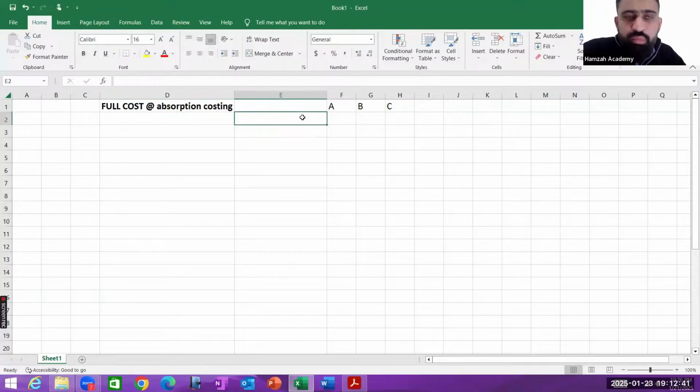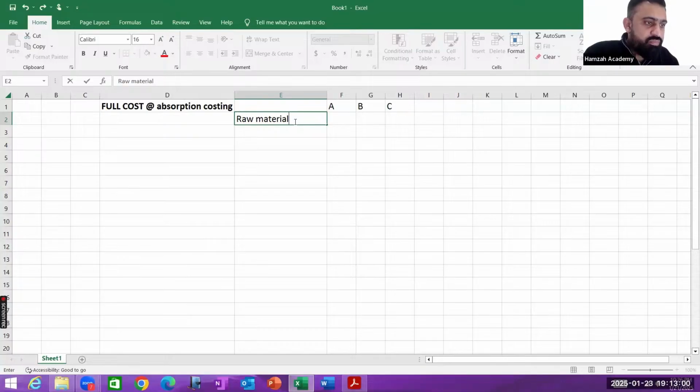Now, when we say product cost, especially in a manufacturing company, the production cost consists of the cost of raw material, then the cost of direct labor, and then the factory overhead.